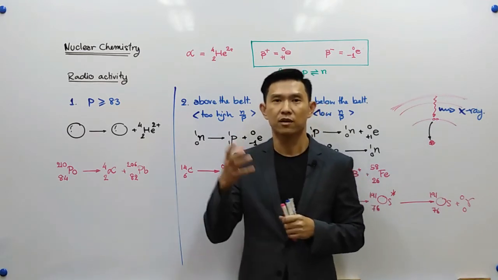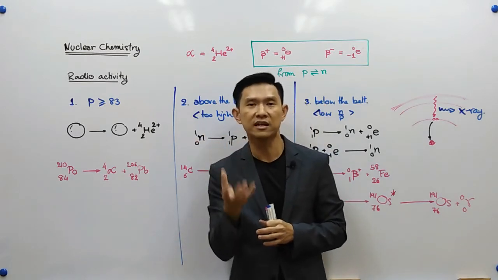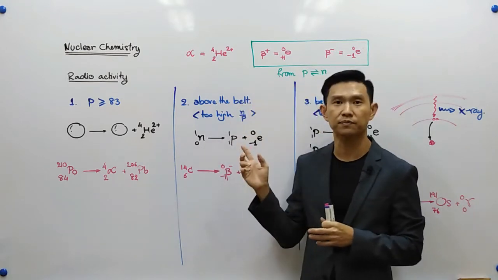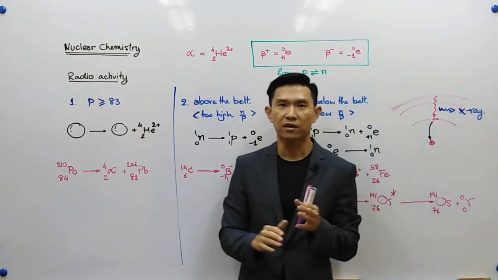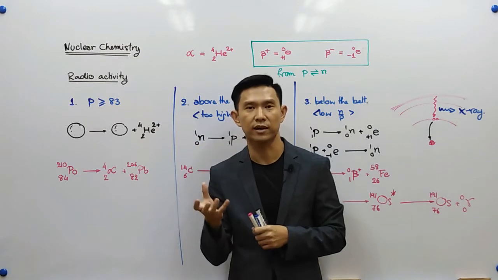So sometimes one particular element or isotope has to release more than one type of radioactivity to make things stable. Okay, so there is a series of decays of radioactivity from one element.